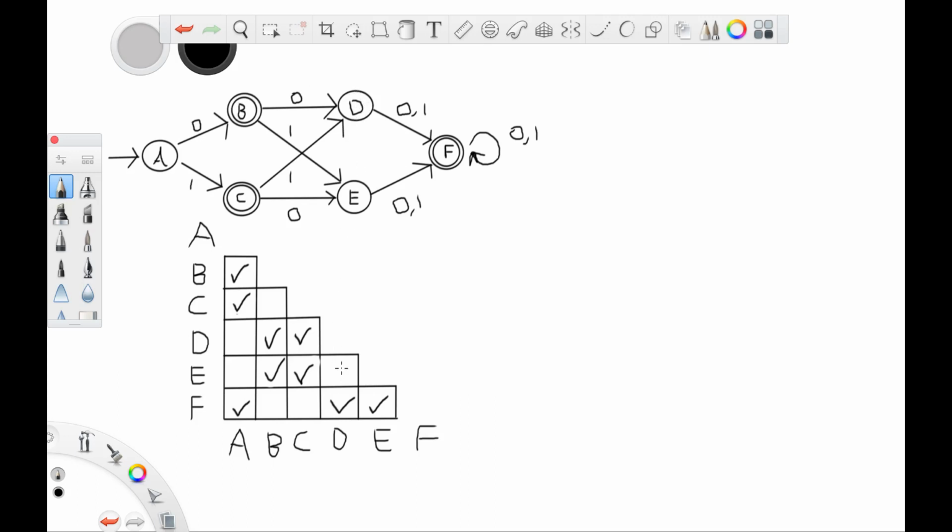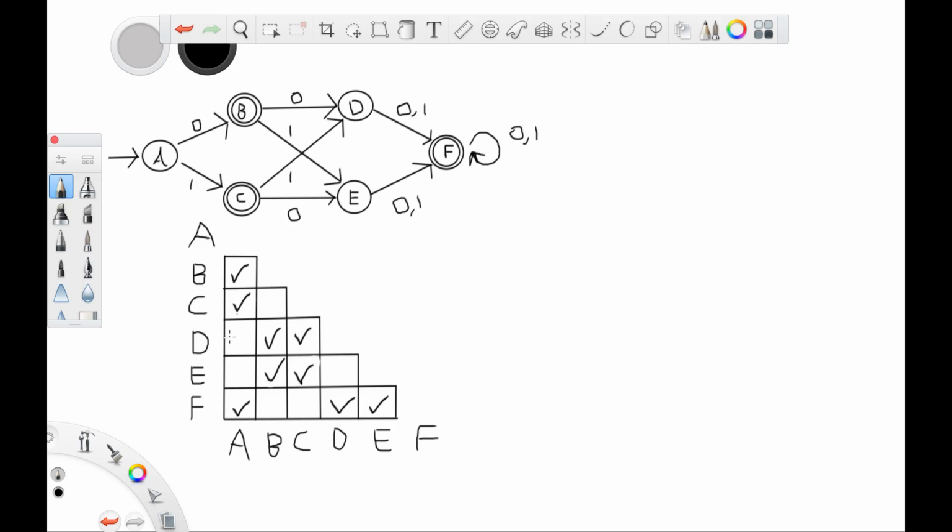Well, is DE checked? No, it doesn't have a tick. So we don't tick CB for now, but we also need to take a look and see if B is given an input of 1, it goes to E. If C is given an input of 1, it transitions to D. Once again, D is not checked, so we don't need to check CB.